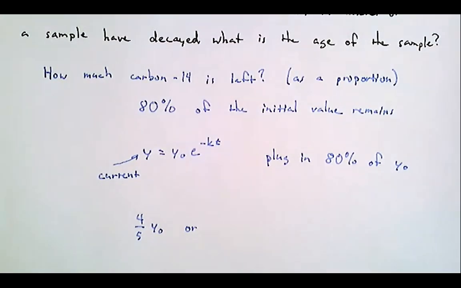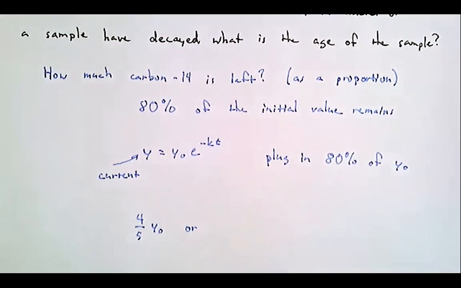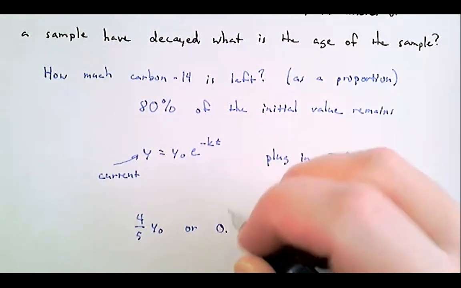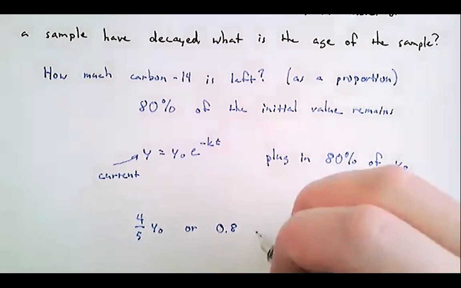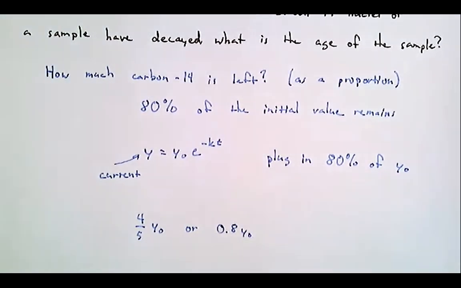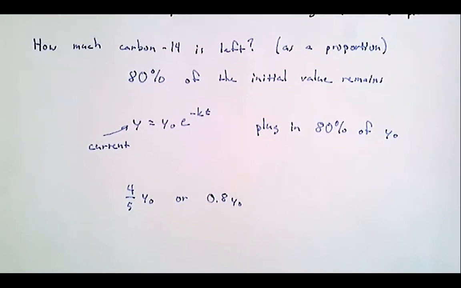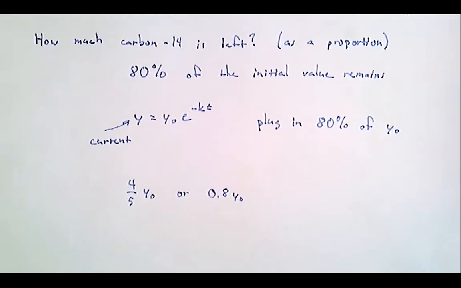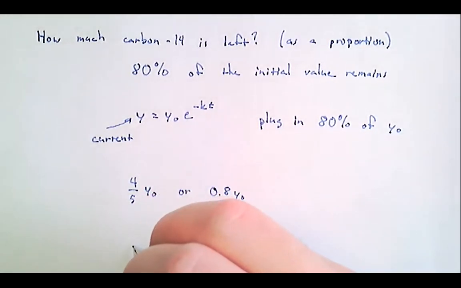If you want to make it a little bit easier so that you don't have to think of fractions, you could convert your percent to a decimal, which is essentially what you've done. If you want to write it as a decimal, you can write 0.8 y0. So fraction or decimal. I'd recommend sticking to decimals because you are going to plug numbers into a calculator at some point when you're solving these things.